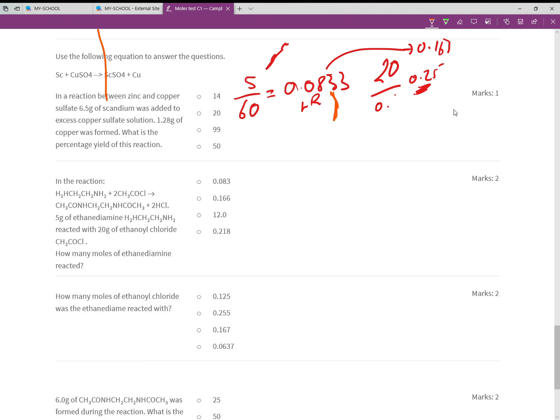Let's see, we have to get the RFM of that, so that is CH3, so that's 15 plus 12 plus our oxygen is 16. I'm just going through the formula here. Plus 14 plus 14 plus 14 plus 15.